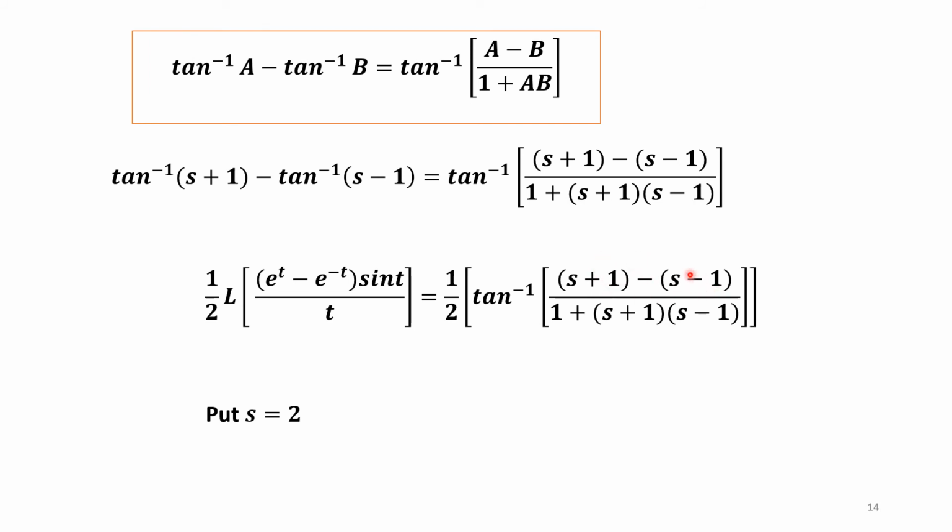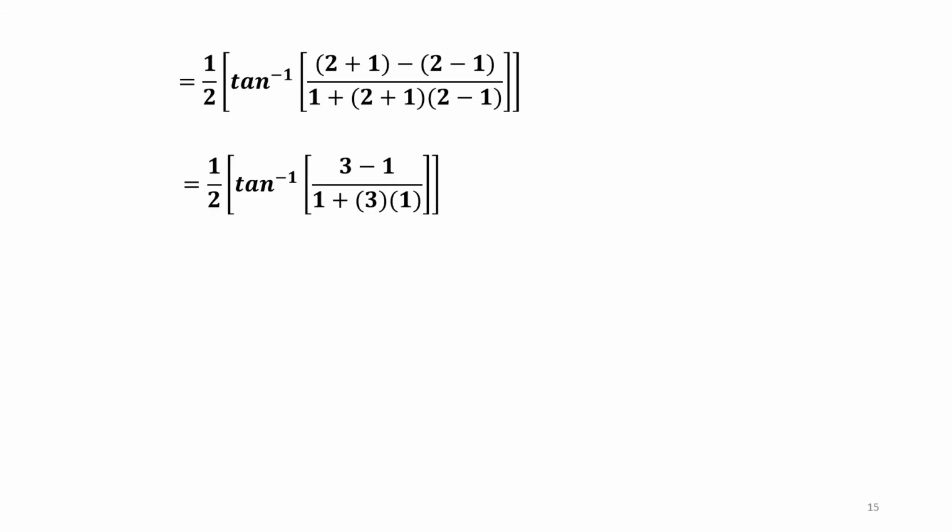So 3 minus 1, 2. Then 1 plus 2 plus 1 into 2 minus 1. So 1 plus 3. So we will have 3 minus 1 upon 1 plus 3, or that will become tan inverse of 2 by 4, which is half into tan inverse of 1 by 2.